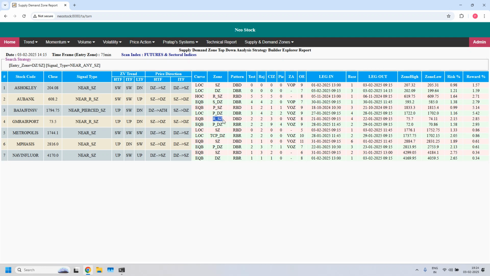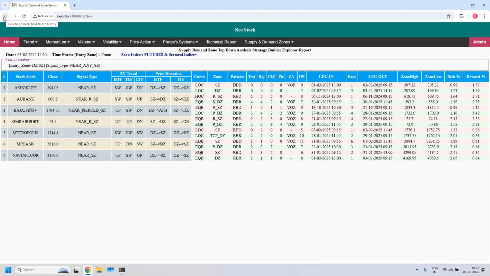And GMR ports, so GMR airports is a high liquidity supply zone. That's it. So we have 2 high liquidity 75 minute supply zones from this list.